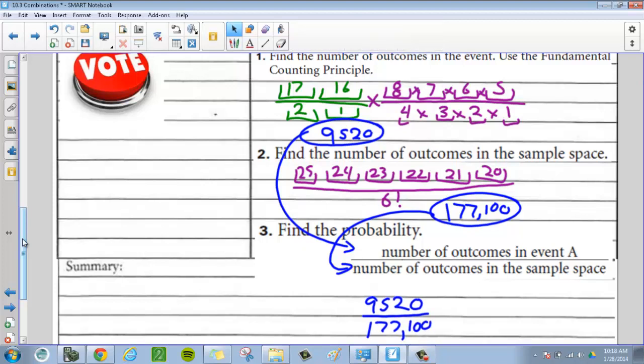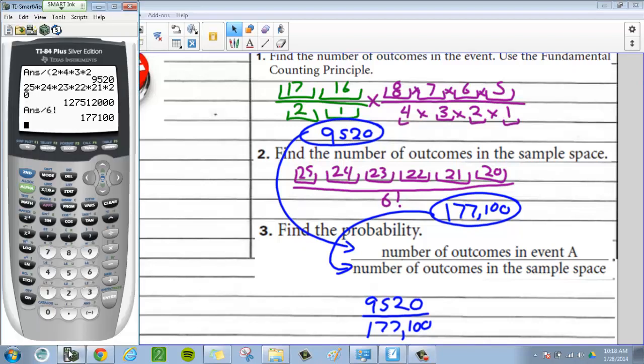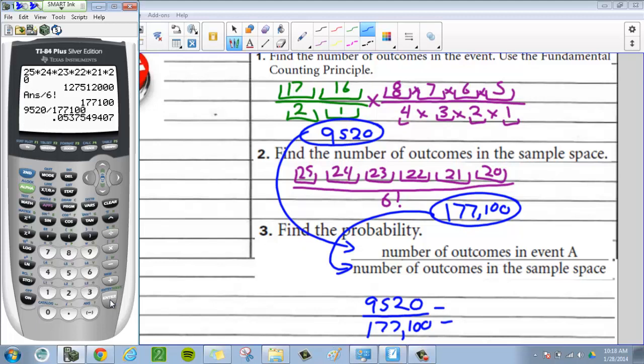And that will give us the probability of choosing from 6 people, 4 that oppose this, and 2 that are in favor of it. So let's just put that in our calculator to figure out that probability. So we got 9,520 divided by 177,100. And that gets us 0.053, which is actually equal to a 5.3% chance of you choosing this scenario.